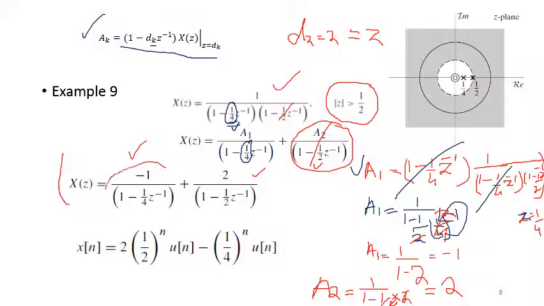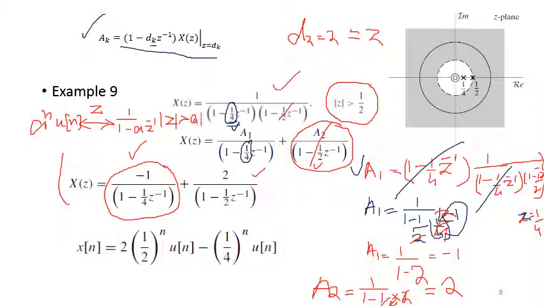So comparing this with the standard equation, if you recall, a^n u[n] has z transform equal to 1 over 1 minus a z inverse, and the ROC is absolute value of z greater than absolute value of a, right?